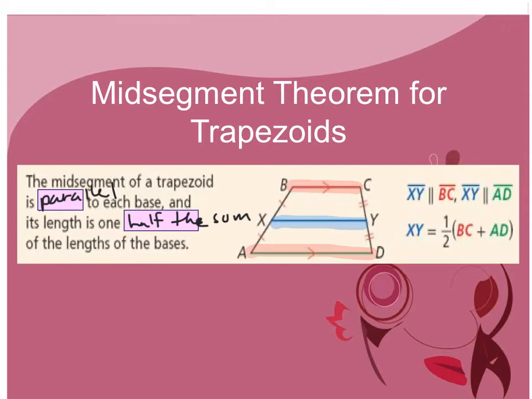So if we add the top of the trapezoid and the bottom and divide by 2, we get the length of the midsegment of the trapezoid.